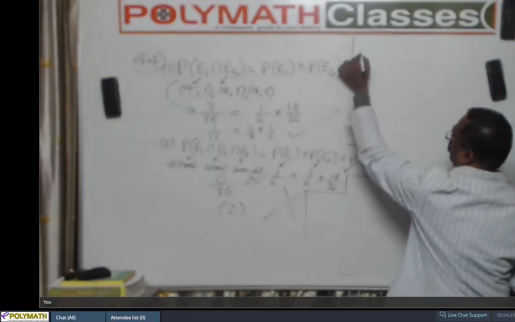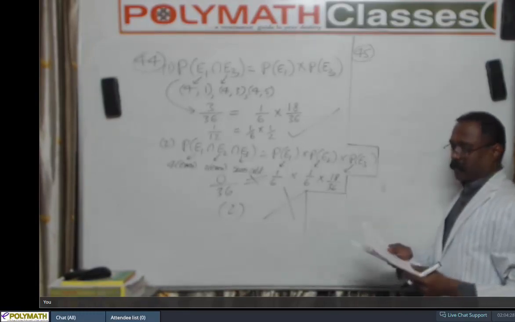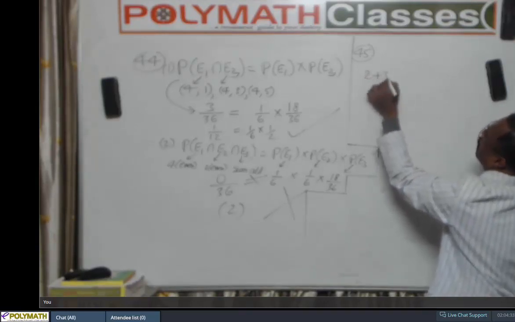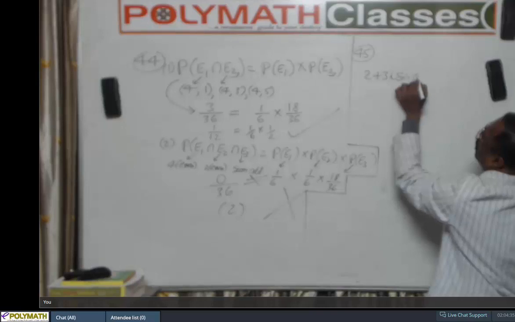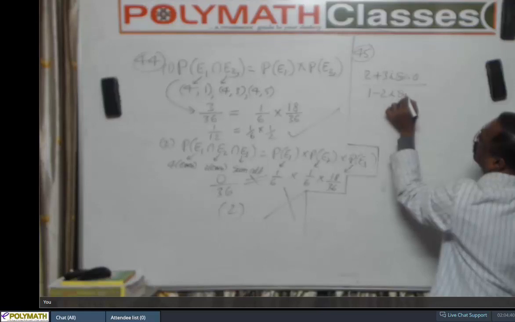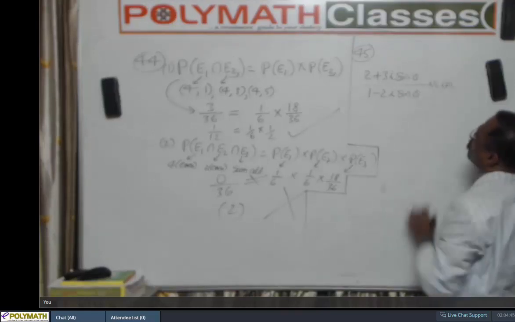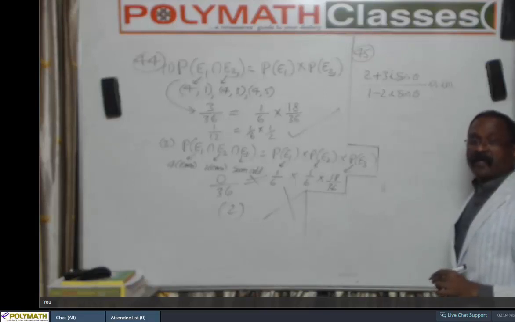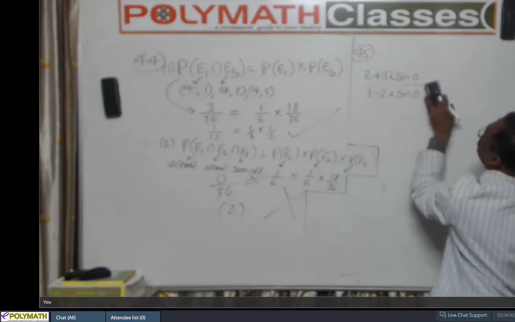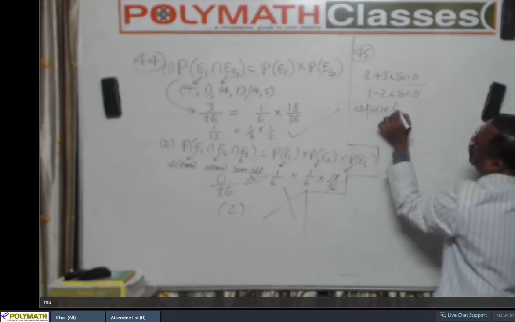Question number 45. This (2 plus 3i sine theta) divided by (1 minus 2i sine theta) is given to be purely imaginary.